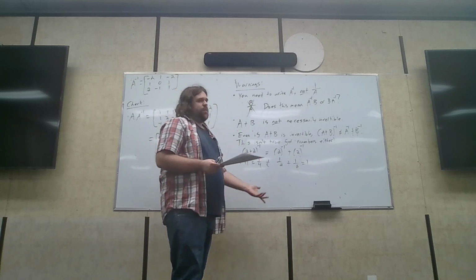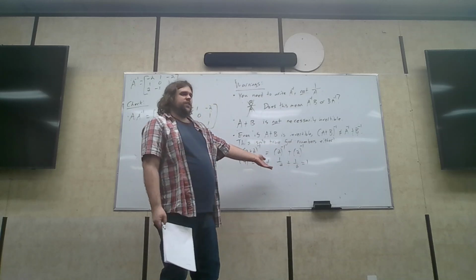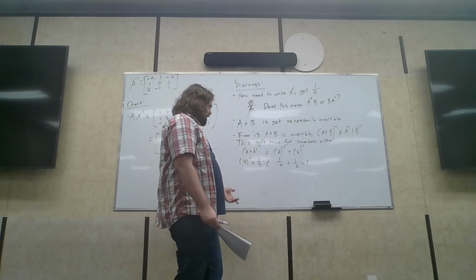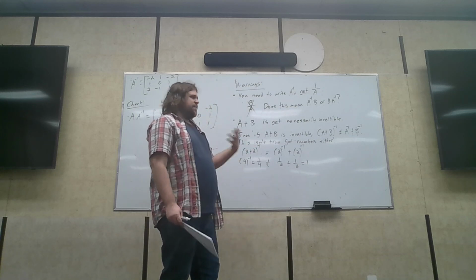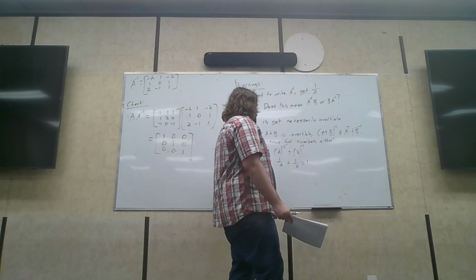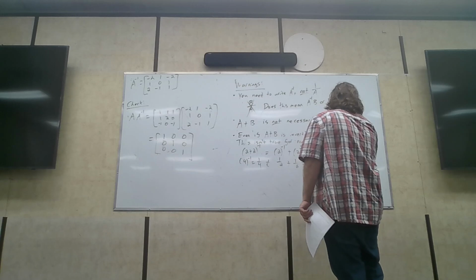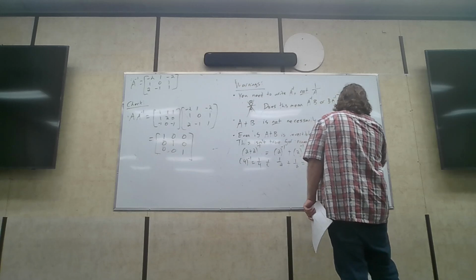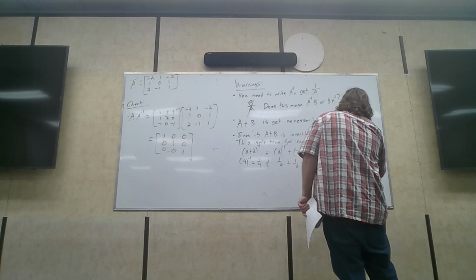But that means it's not true for matrices either. And in the notes, I present the matrix equivalent of this example. If you take the identity and add it with itself, its inverse is not the sum of the inverses of the identity. So try A equals this, and B equals this.